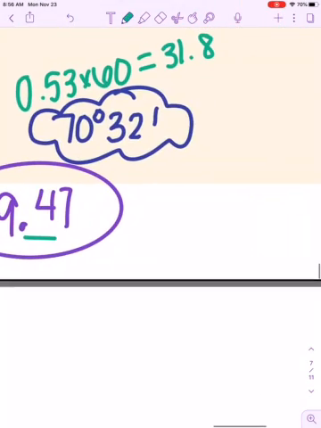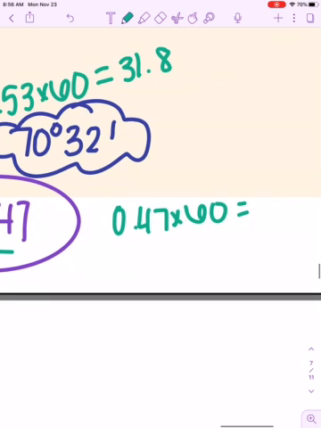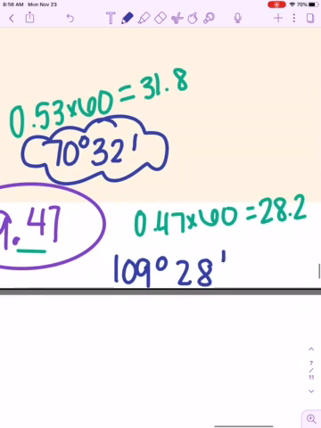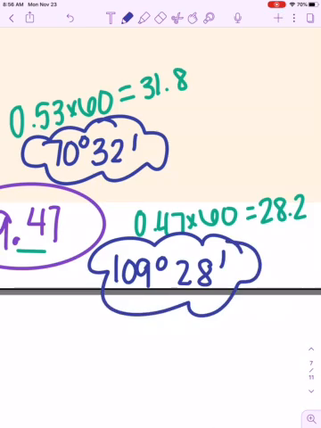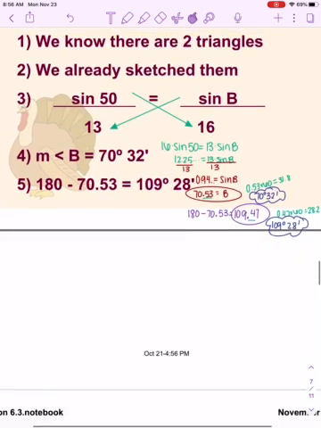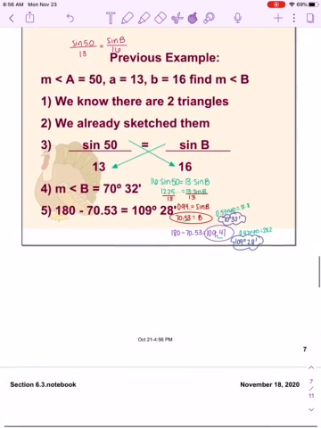And then here, same thing. Take the 0.47, multiply it by 60, so 0.47 times 60, and you get 28.2, which isn't going to round up, so then we have 109 degrees, 28 minutes. Which is what that says.